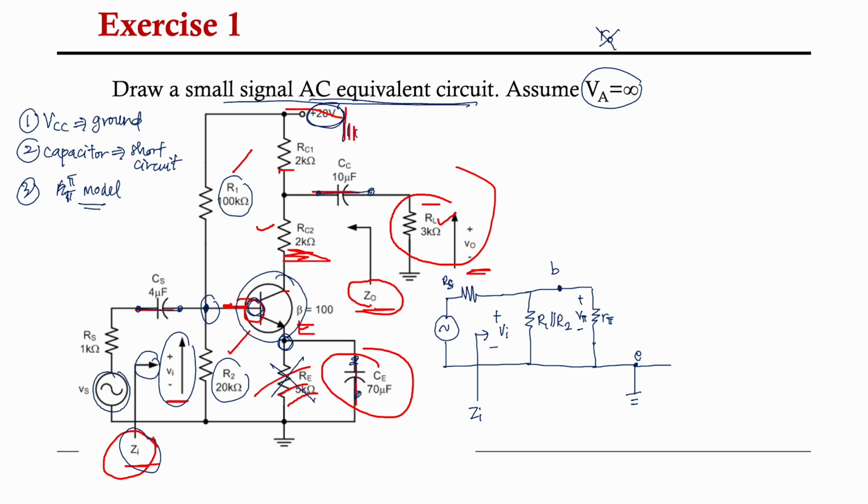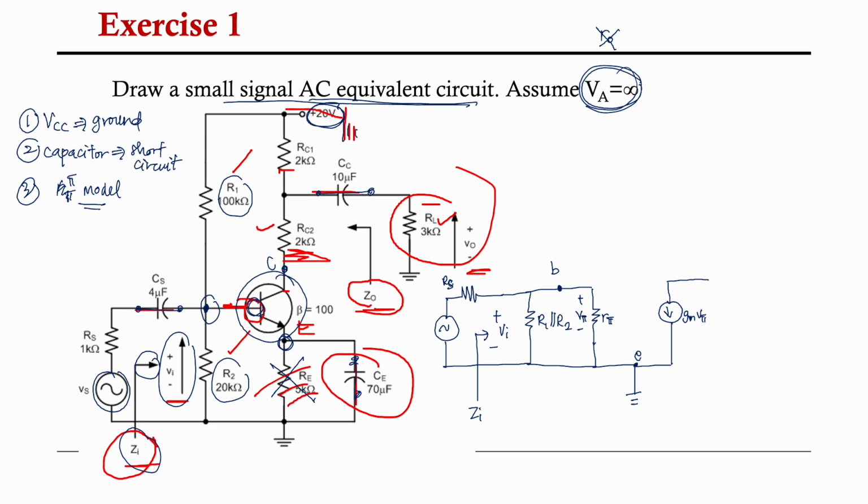Next, we go to the collector junction. At the collector junction, usually we're going to have the gm V pi. You can draw a triangle, a diamond, or just a circle like this. Both are correct. Do we have R0? No, we don't have R0 because our VA is equals to infinity.